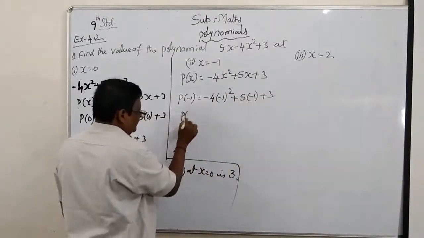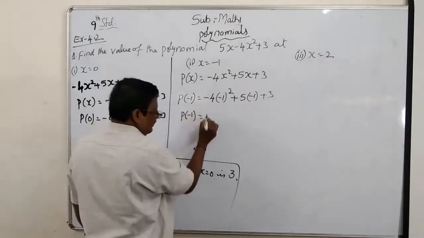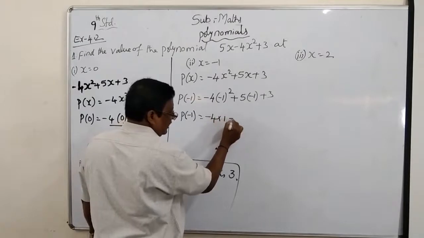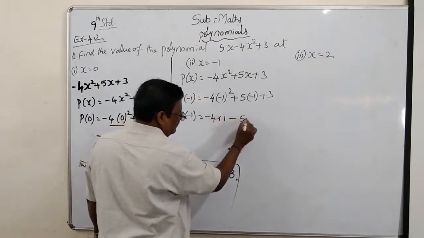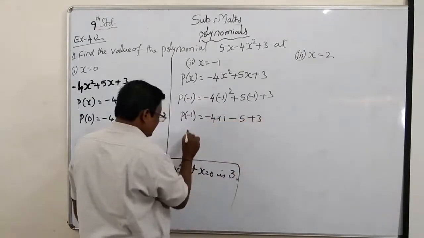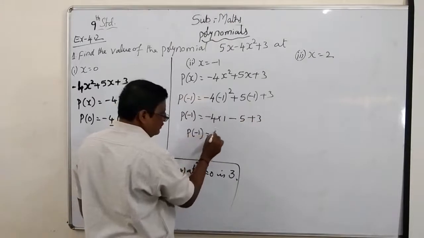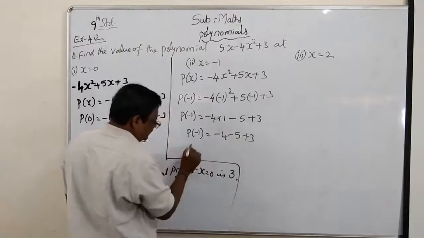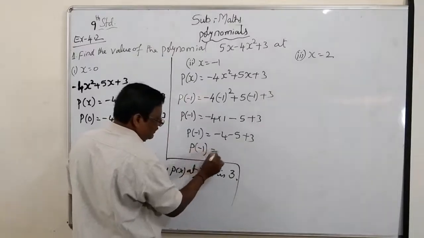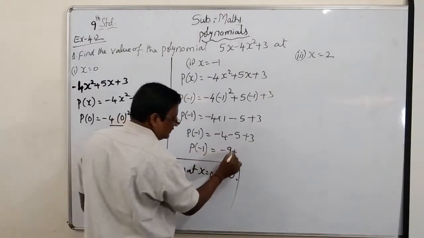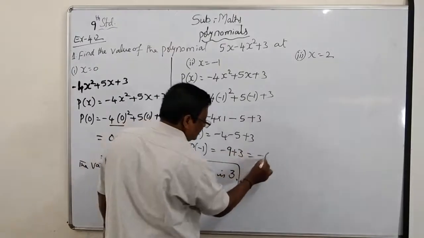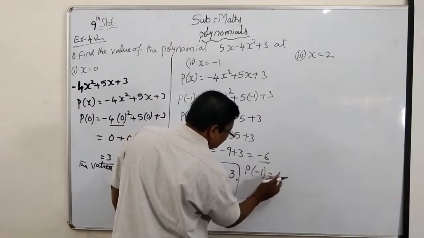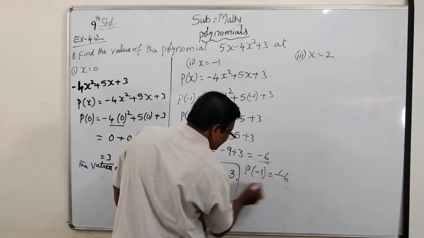Here minus 1 whole square is nothing but 1, and plus into minus is minus 5. So P of minus 1 is equal to minus 4 minus 5 plus 3. These two give minus 9, and minus 9 plus 3 is equal to minus 6.